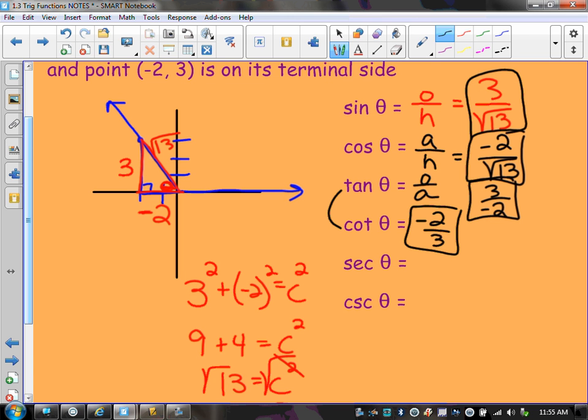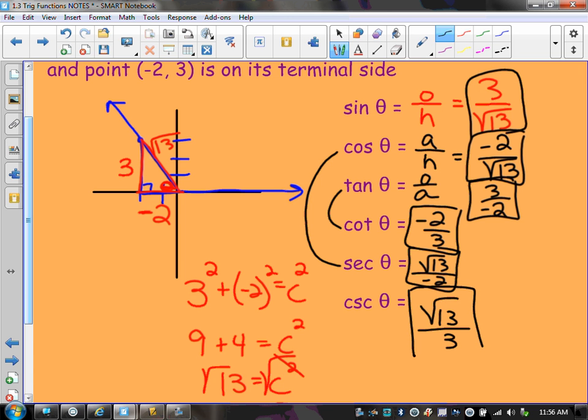By just taking it and flipping it. We know that secant and cosine are reciprocals of each other. So if cosine is negative 2 over rad 13, then secant is going to be rad 13 over negative 2. And so my last one, cosecant and sine are reciprocals of each other. So cosecant would be rad 13 over 3.